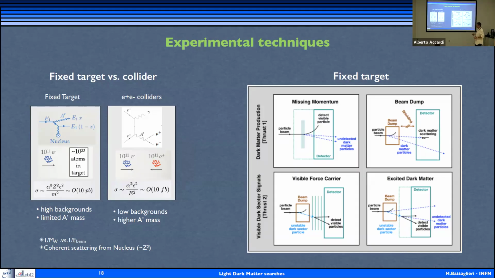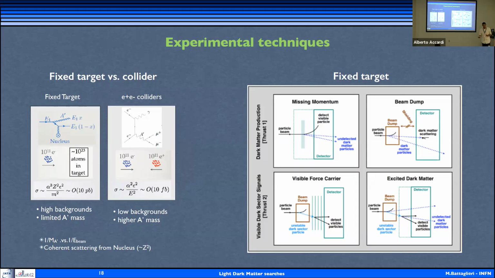Same thing also for the fixed target using proton beams. It's absolutely good. Maybe you may have other processes, in particular producing a lot of mesons, because protons have more hadronic interactions, and then mesons decay by zero decays into gammas, and then you have a gamma-rich environment where you, in principle, can produce the A prime and spot the effect of the A prime.